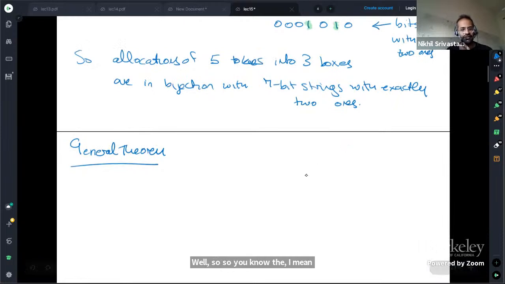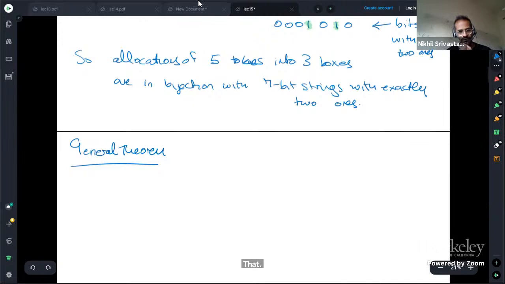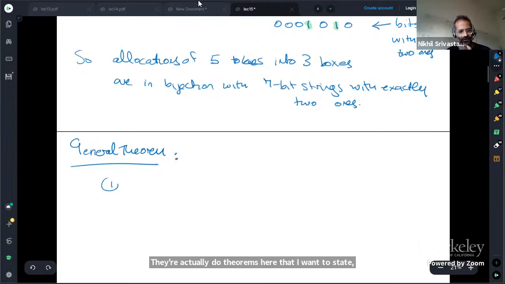I mean, okay. There are actually two theorems here that I want to state, or I'll just state it as one theorem with two parts.